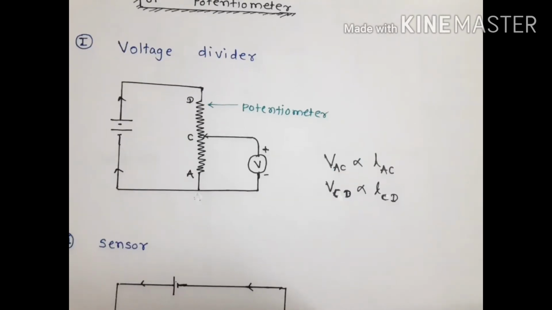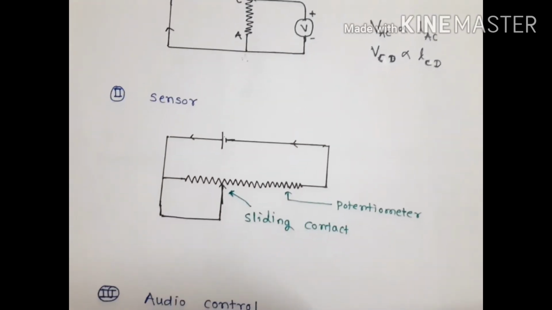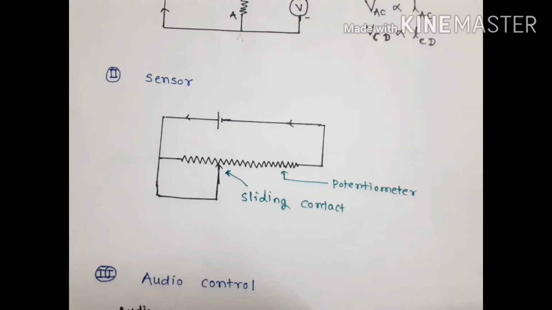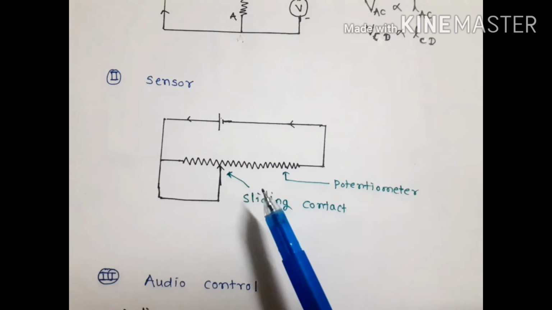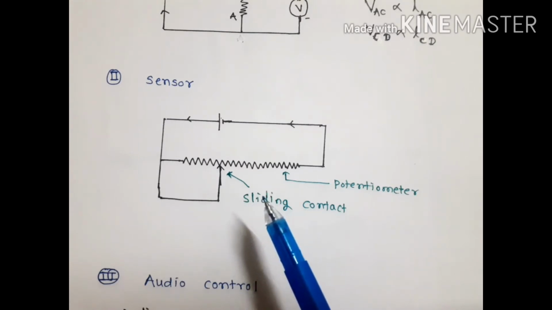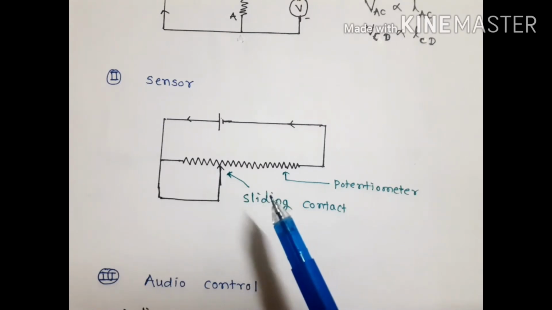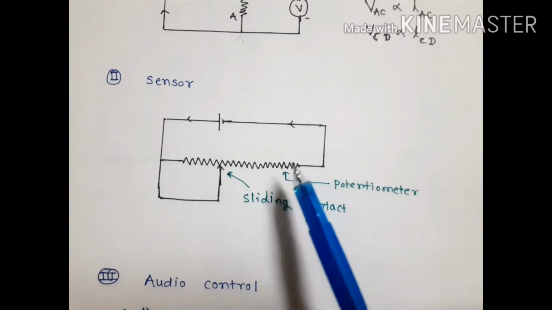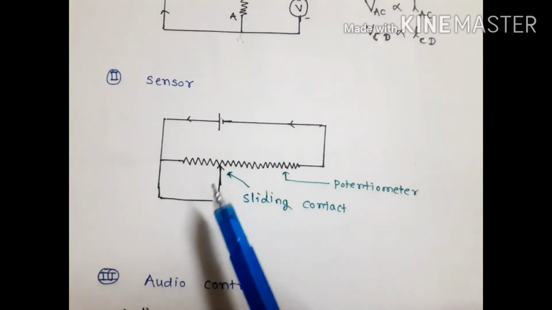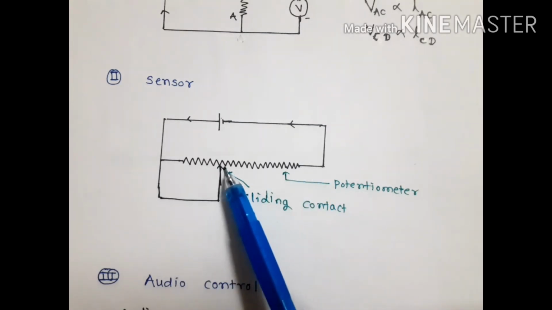Now the next one: the practical application of the potentiometer as a sensor. This is the circuit diagram useful for this application. In this diagram, this is the potentiometer wire, and this is the slider, the sliding contact.